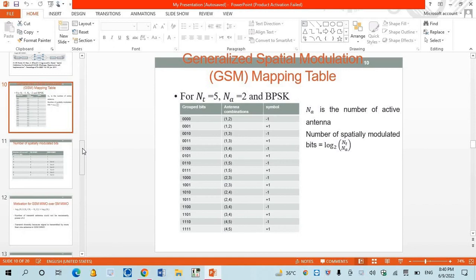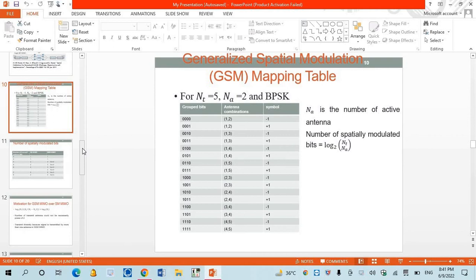In the SM MIMO, we have a number of active antennas in the transmitter and receiver side as well. If we want to improve the energy efficiency, we have to turn off some of the antennas at the receiver or at the transmitter side.